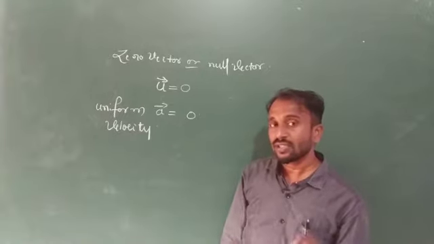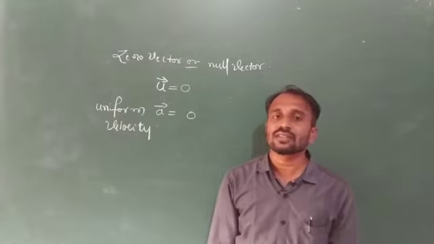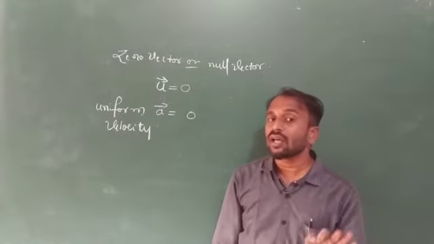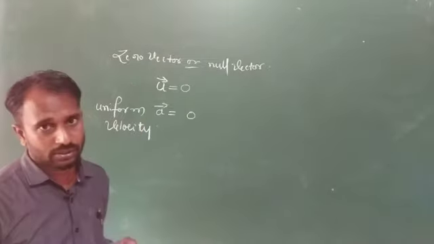So the vector whose magnitude is 0, we consider a zero vector or a null vector.